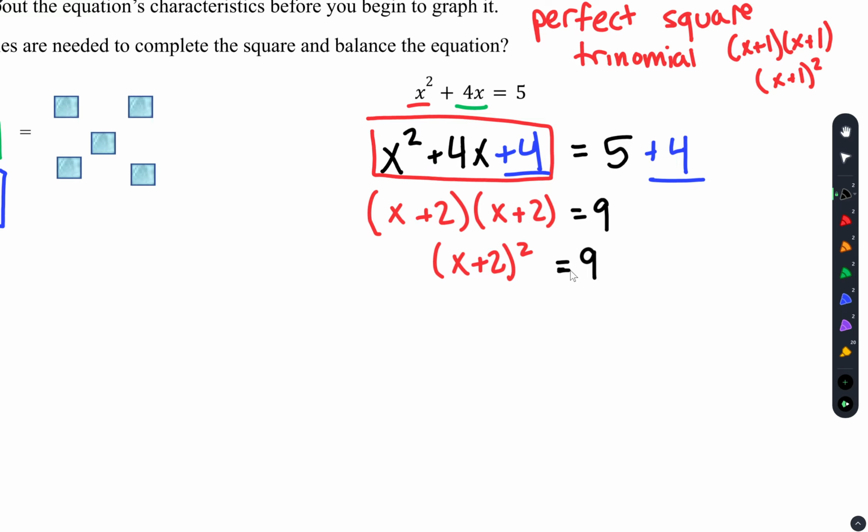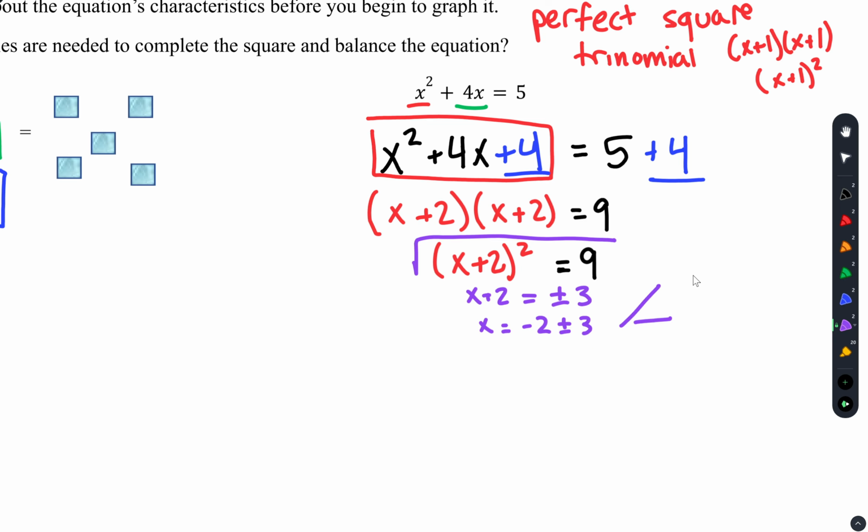If I wanted it to actually be in vertex form, I would just move that 9 to the correct side. But I want to solve this to get my x-intercepts. To get my x-intercepts, I would square root both sides to get x plus 2 equals plus or minus 3. X equals negative 2 plus or minus 3.